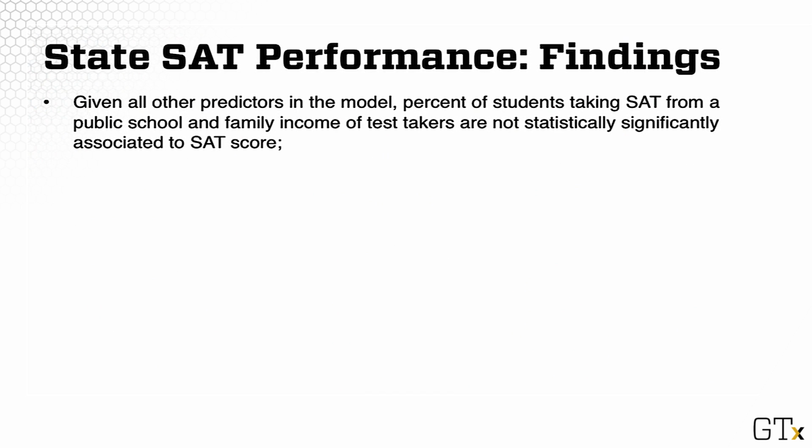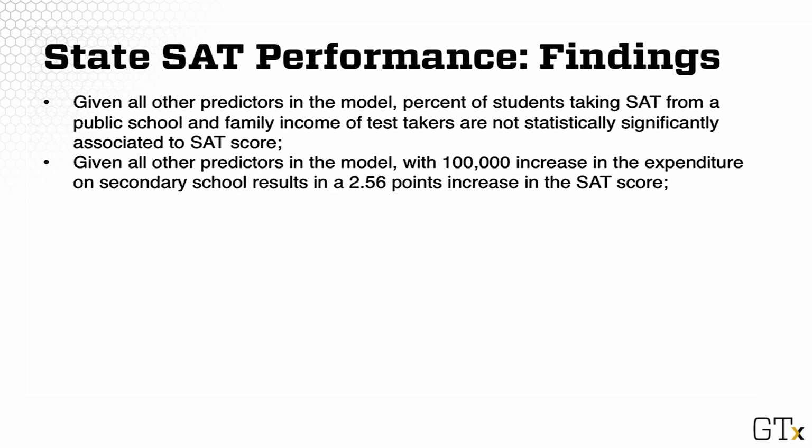Let's now review the findings based on this analysis. Given all other predictors in the model, percent of students taking SAT from public school and family income of test takers are not statistically significantly associated to SAT score.